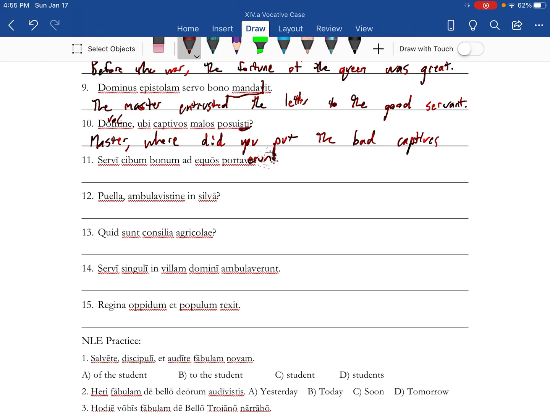This one, we need to change that to erunt. And the servants carried good food to the horses.